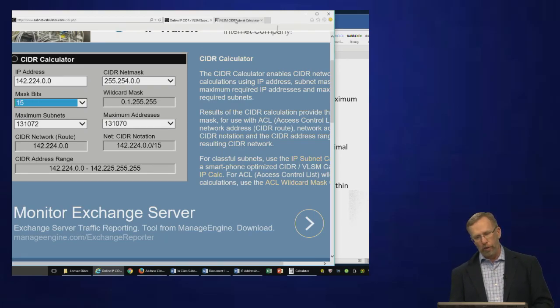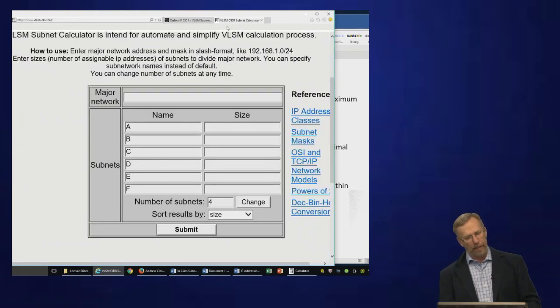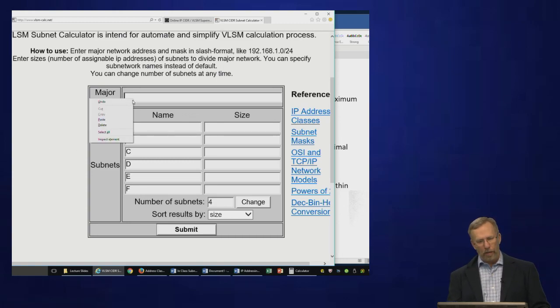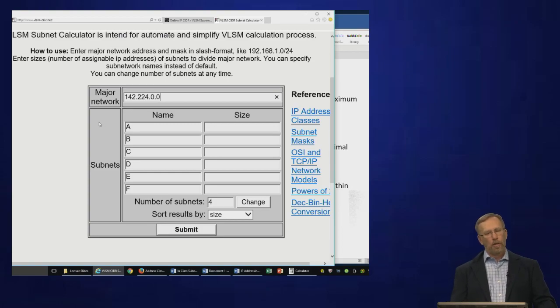And so here's another online calculator. And again, I'm going to put my IP address in here. And you have to look at these and read the instructions and figure out what you need to put in here.